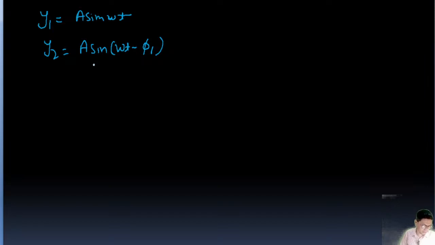Now similarly we can get the wave equation for the third, fourth, and so on. This is phi 1, the phase difference, guys.